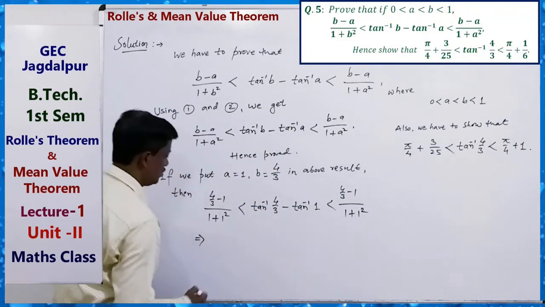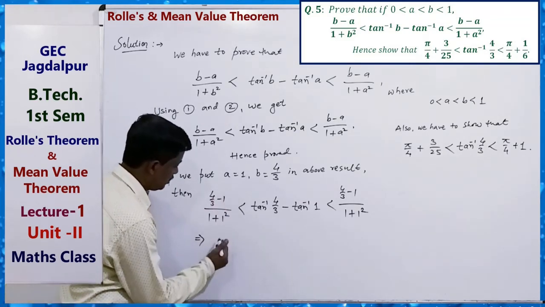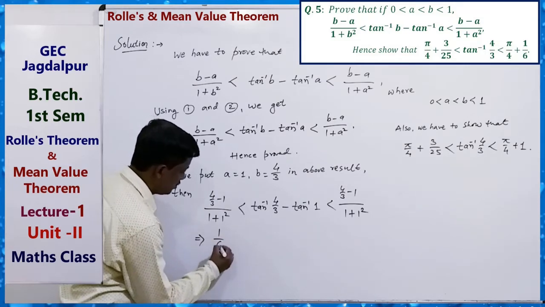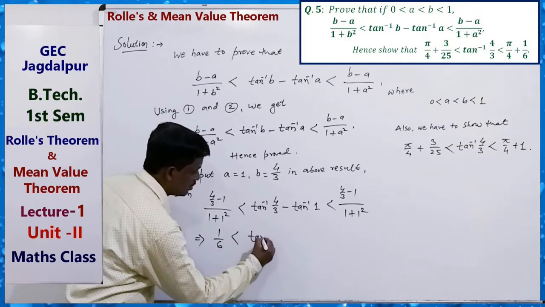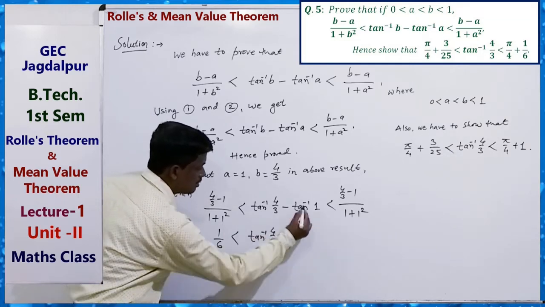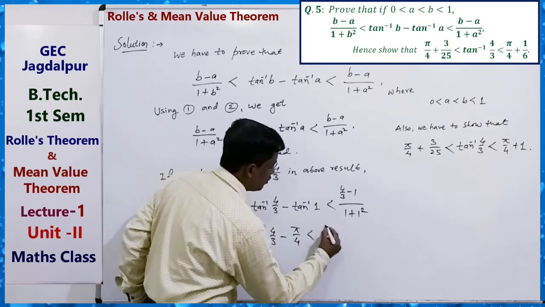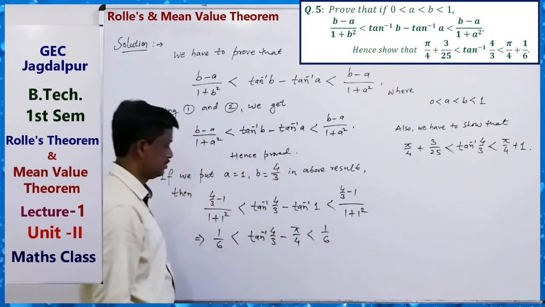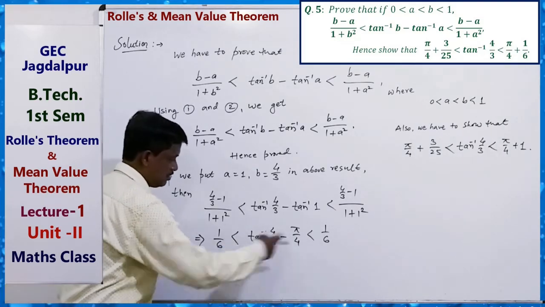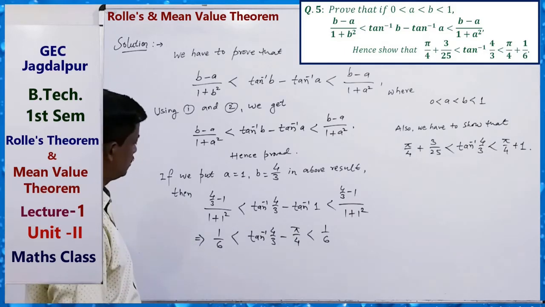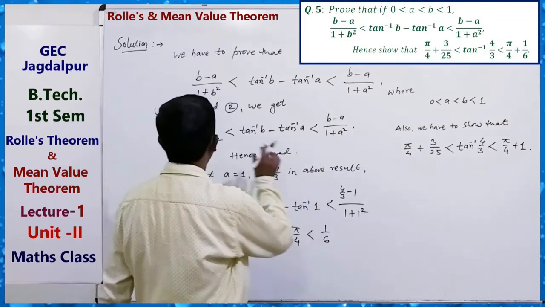Just see: 4 by 3 minus 1 is 1 by 3, 1 by 3 upon 2 gives 1 by 6, which is less than tan inverse 4 by 3 minus tan inverse 1, which means 5 by 4, less than 1 by 6. Okay, just add on both sides. Sorry, here b square is there.